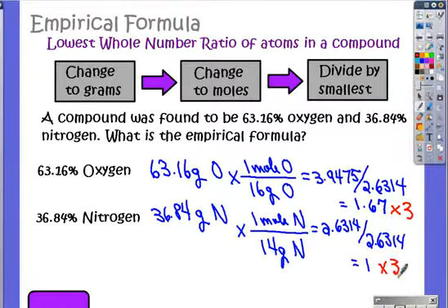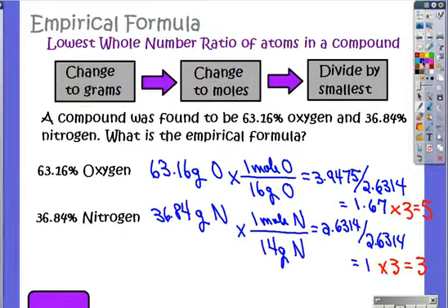Again, I want them to be in the same ratio, so I have to multiply both of them by 3. And when I do that, 1.67, or 1 2/3, times 3 is going to be equal to 5. And 1 times 3, of course, is just 3. So whoopee, I got these numbers now, 5 and 3.